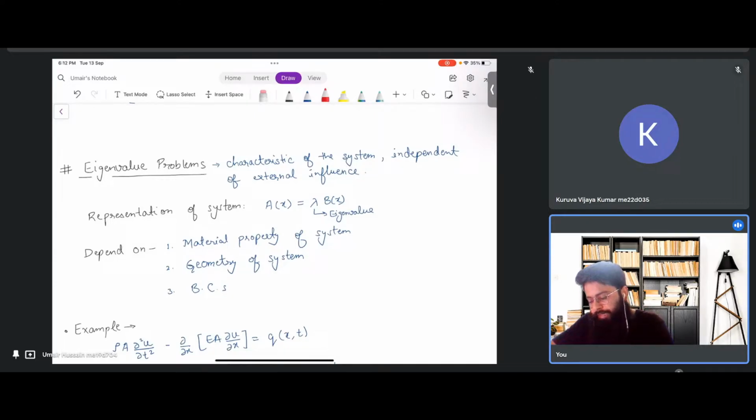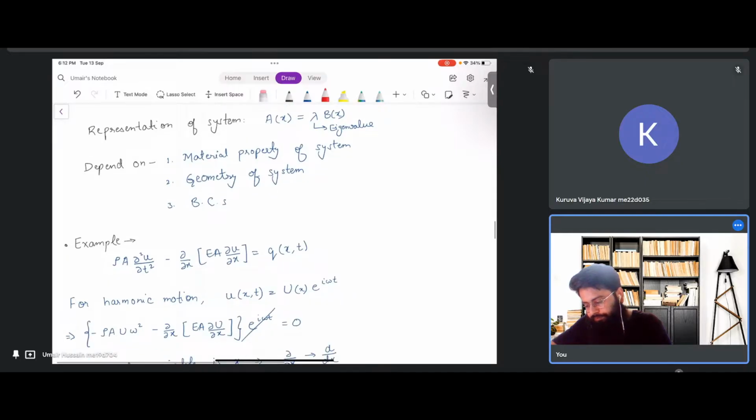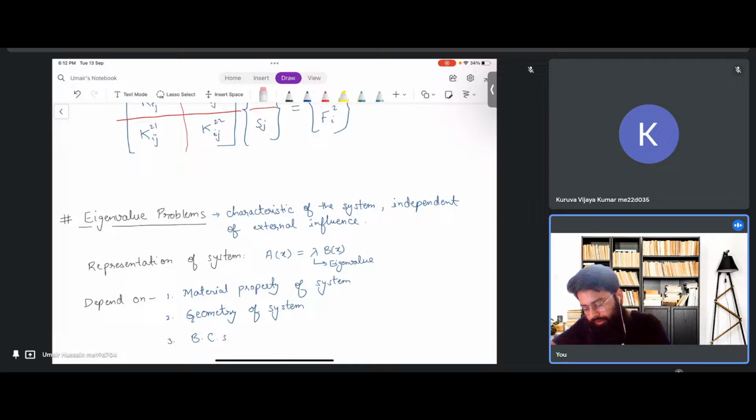So mathematically, an eigenvalue problem can be represented as some function of x, the variable, multiplied by something is equal to some constant multiplied by some other function of the variable.